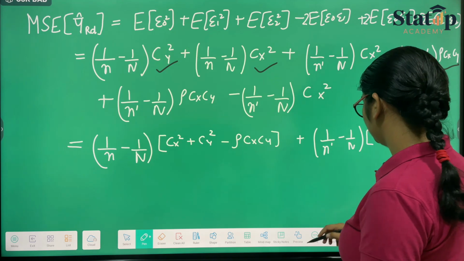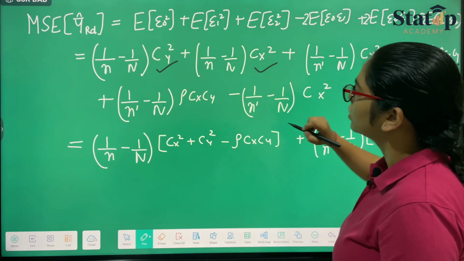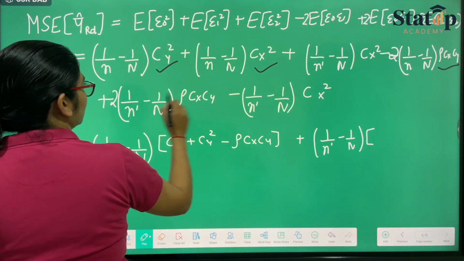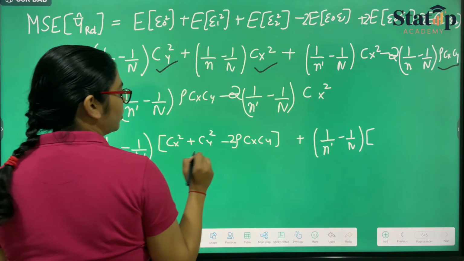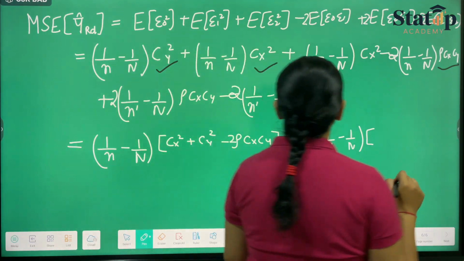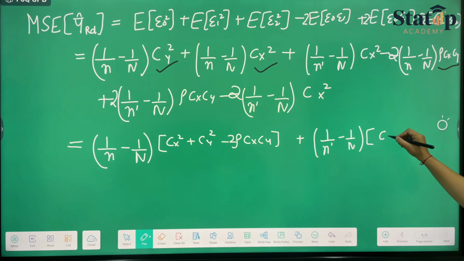So this would be minus 2 plus 2 minus 2, and we'll take Cx square minus 2Cx square plus 2 rho Cx Cy.